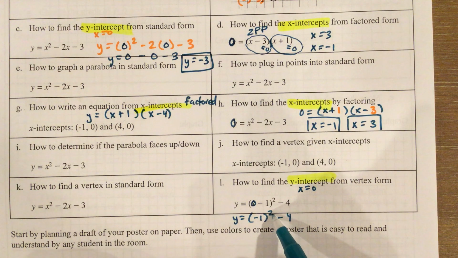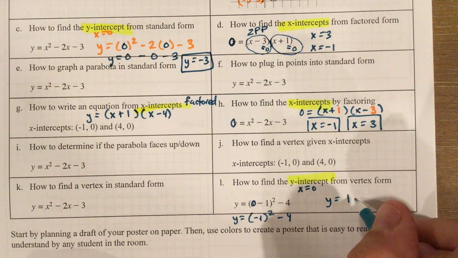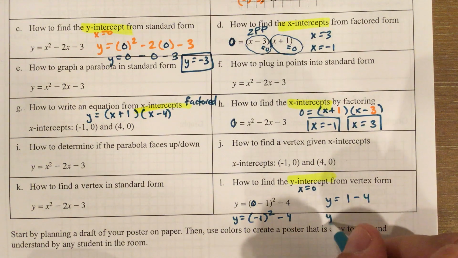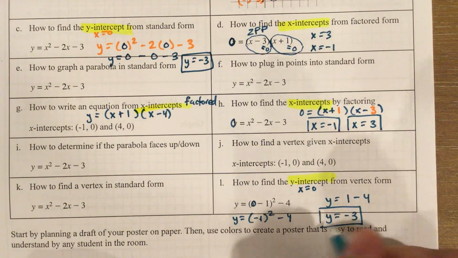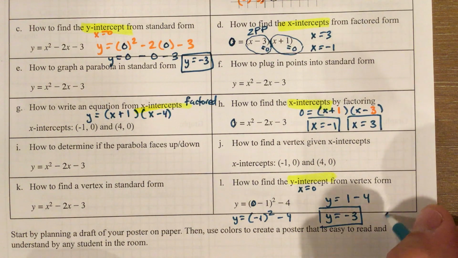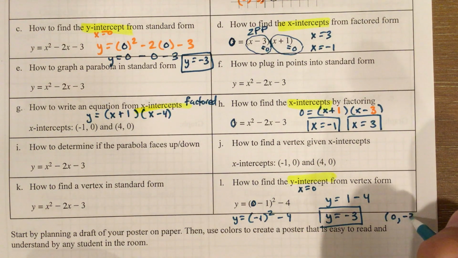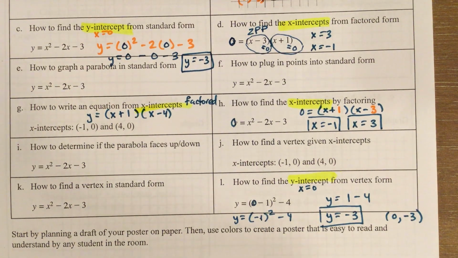So anytime we square a number, it's always going to be positive. So negative 1 times negative 1 is 1, so y equals 1 minus 4, and so y equals negative 3. And if I wrote that as a coordinate, of course, I said originally x was 0, so that would be 0, negative 3. There's my y-intercept from vertex form.